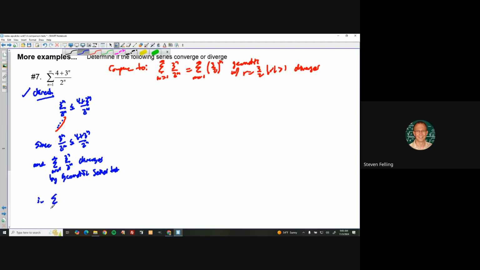Therefore, the series n equals 1 to infinity of (4 + 3^n) over 2^n also diverges by the direct comparison test. So that's a good way to do that problem, direct comparison.